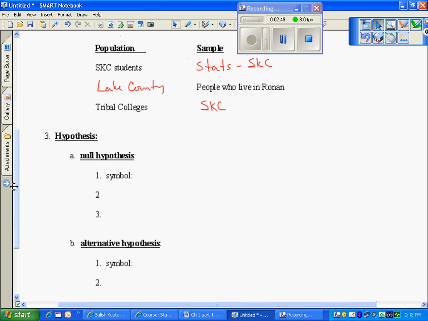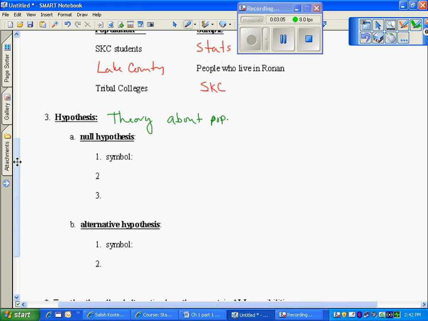Hypothesis. A hypothesis is a theory about the population. It's the question I'm asking, and again, it's regarding the population. We have two. We have the null hypothesis, which means no effect or no difference. It's status quo. It's the prevailing viewpoint. It's no change.